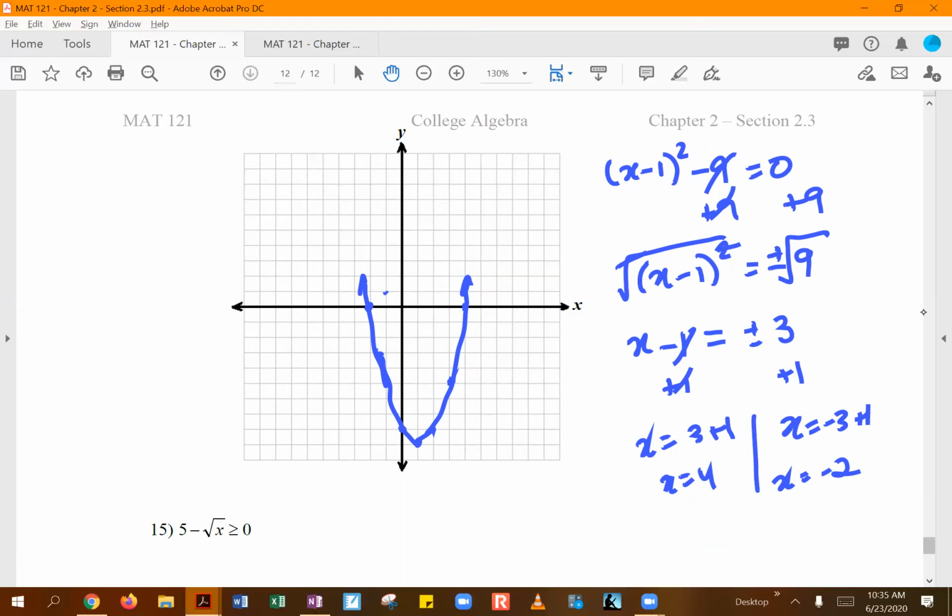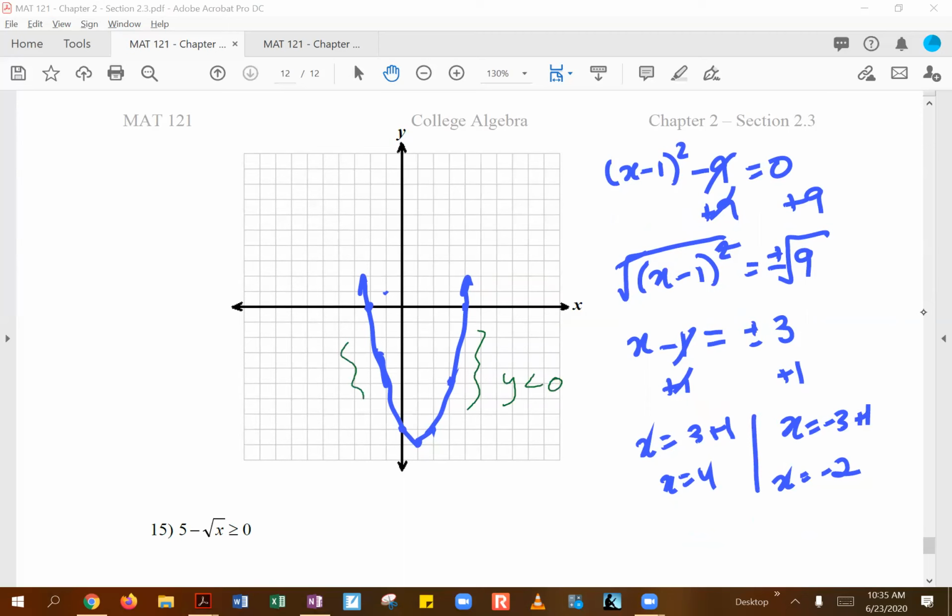As you can see over here, all of these values below the x-axis are going to have y values which are less than 0, right? This is where the y values are going to be negative. Right at the x-intercepts, y is equal to 0.